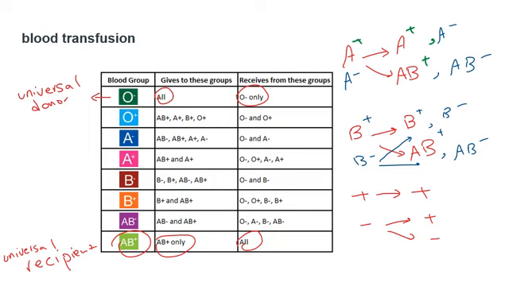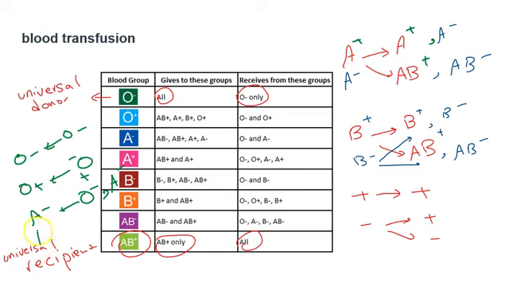For receiving, there's also an easy way. O negative can only receive from O negative. O positive also receives from O only, but both negative and positive. A negative can receive from O and also A, but if they are negative, they can only receive from negative.